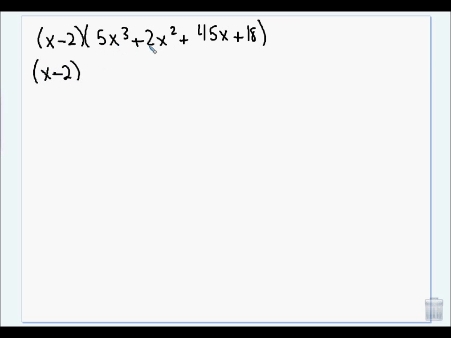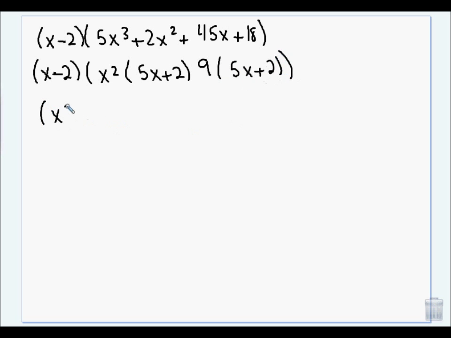Okay, from 5x to the third and x squared, I can take an x squared, and that leaves me with 5x plus 2, plus 45x and 18, I can take a 9, and that leaves me with 5x plus 2. So this is x minus 2 times 5x plus 2 times x squared plus 9. Those would all be equal to 0.